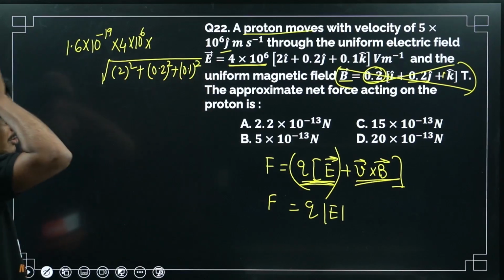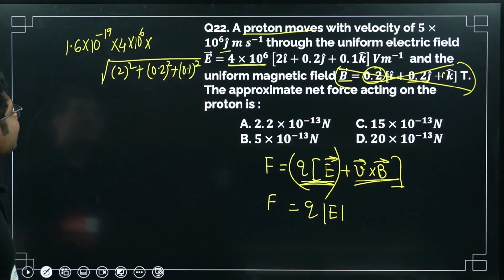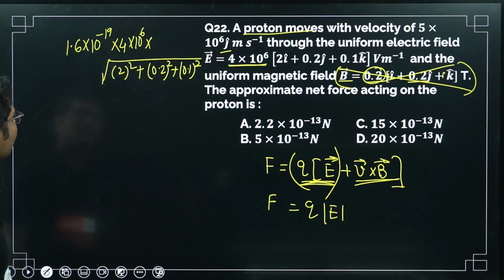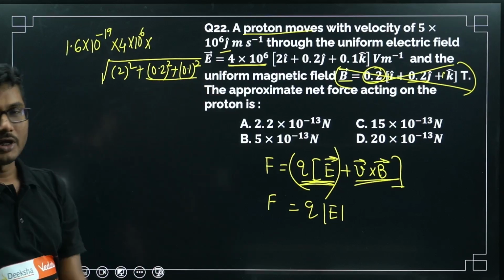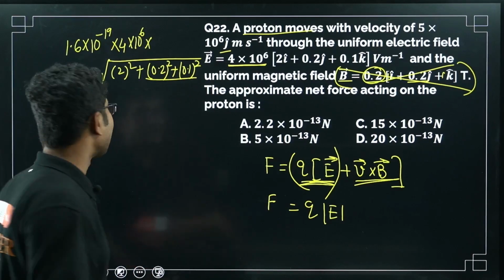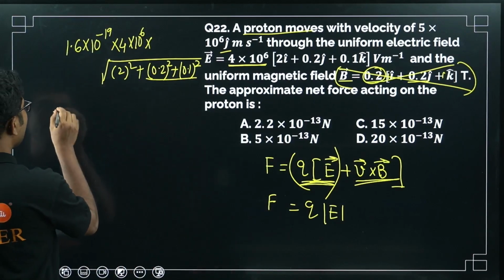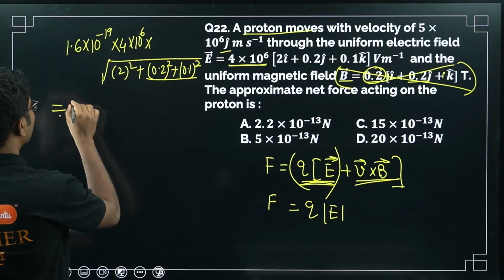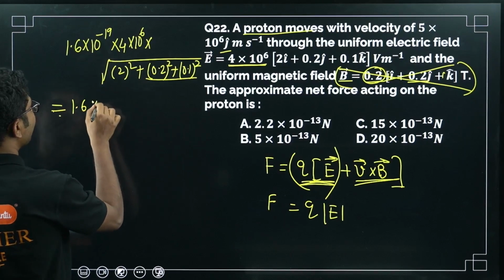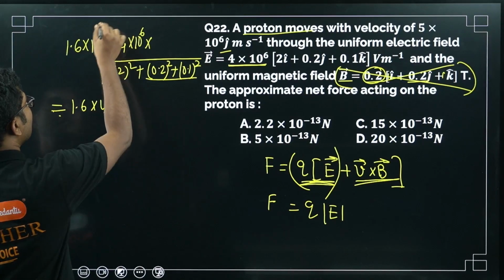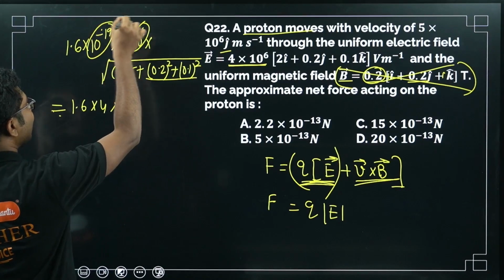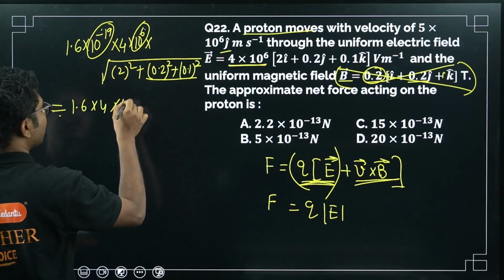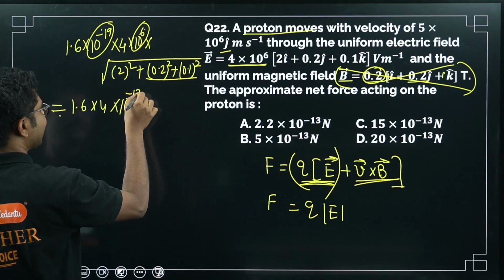Now in this also, we can simply ignore these two values. They are very small values. So we are doing approximation after approximation because we have to save some time. So 1.6 times 4 times, let me simplify this. 10 to the power of minus 19 plus 6, so 10 to the power of minus 13.